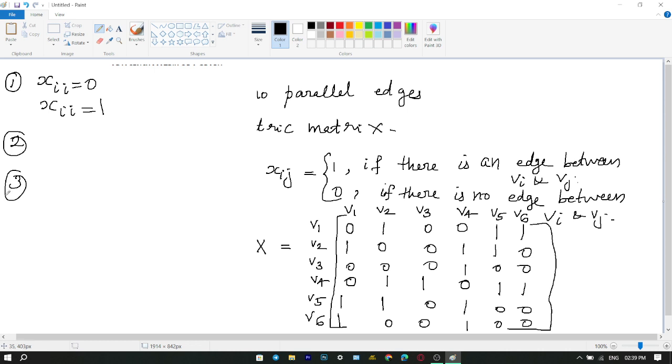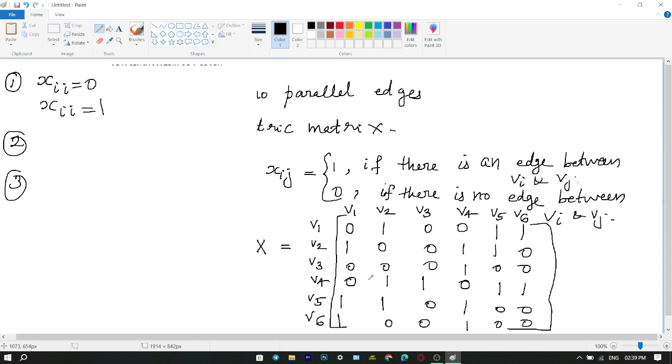If the graph has no self loops and no parallel edges, the degree of a vertex equals the number of ones in the corresponding row or column of X. Here the number of ones in the first row is 3 and the number of ones in the first column is also 3. Why?